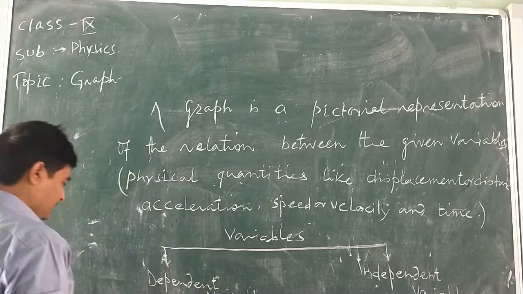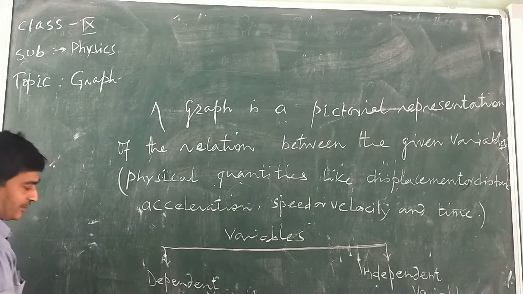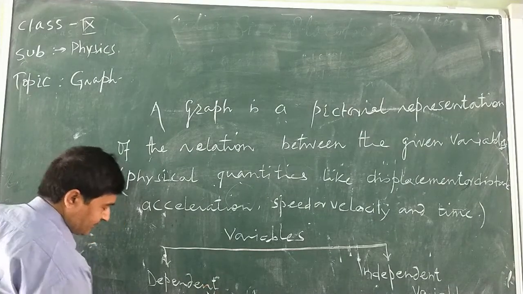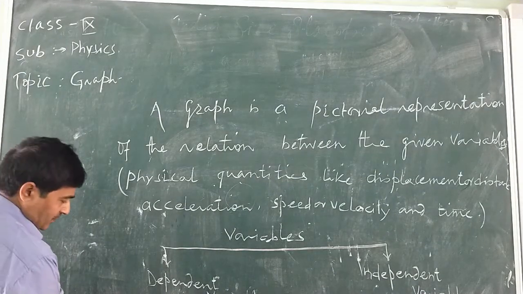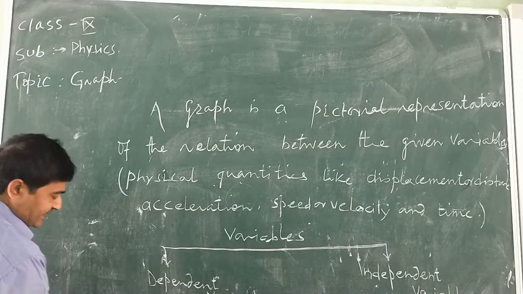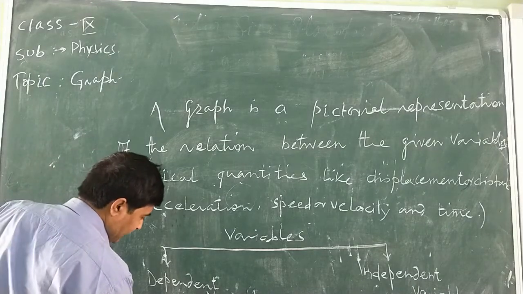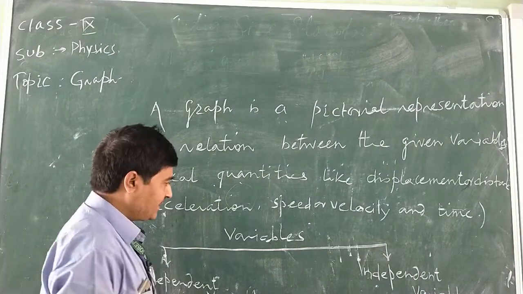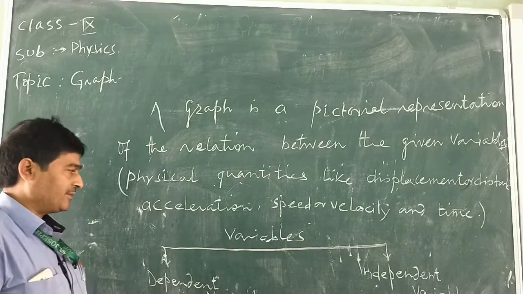For example, distance traveled by a body moving with constant velocity v in time t. In this relation, the distance traveled, the variable s, will depend on the variable t. So, t will be independent variable and s will be dependent variable.